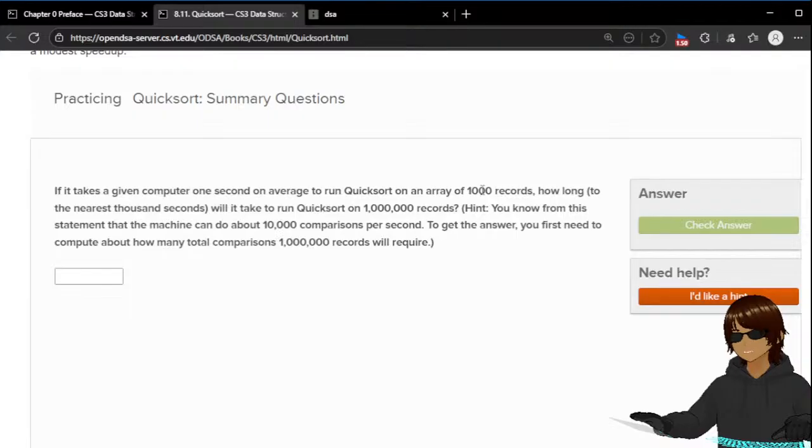So it's n log n, right? So the relative growth, and you know this from the statement that the machine can do 10,000 comparisons per second. To get the answer, you first need to compute how many total comparisons 1 million records will require.